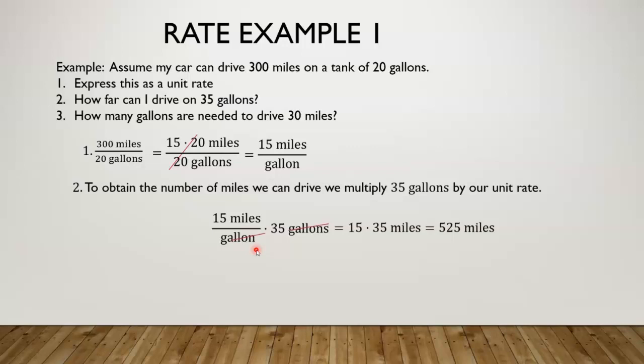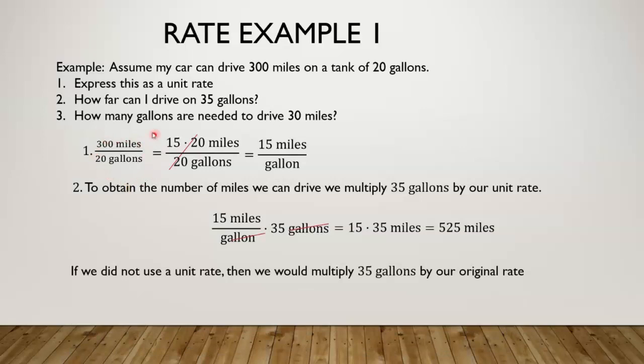In other words, assuming my car is moving at the same rate, I can get 300 miles on a tank of 20 gallons, or as a unit rate, 15 miles per gallon. On 35 gallons, I can drive 525 miles. Again, we're just multiplying because the units cancel. Now, if question 1 was not here, you can use this rate to answer the question.